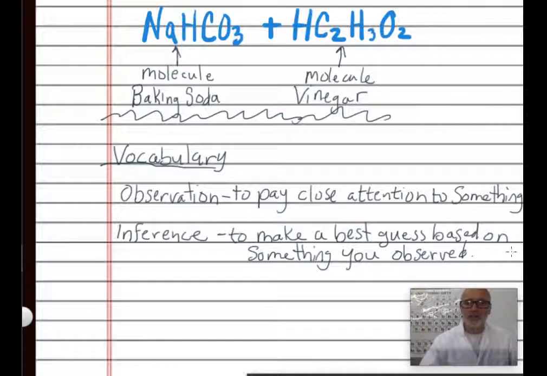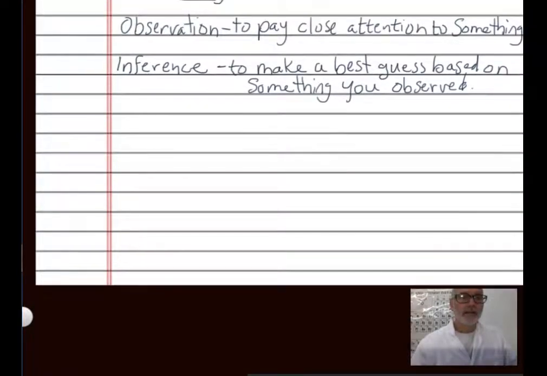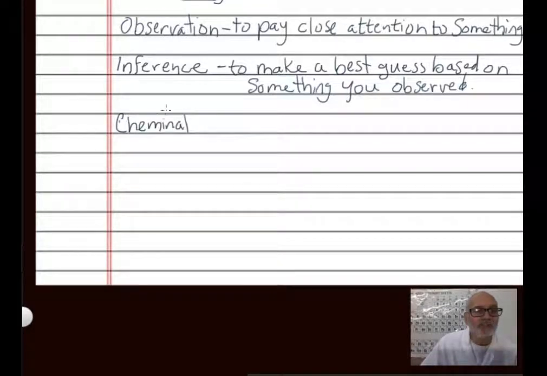Here's some new words for us. I'm going to scooch our screen down. We're going to have to try to fit these in here. Don't write too big. The next one is chemical reaction. Hopefully you're doing this on page 10 on the right side. Let's spell this correctly first. Chemical reaction. What's a chemical reaction?